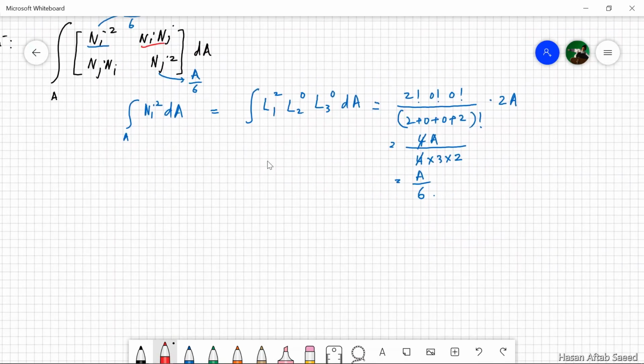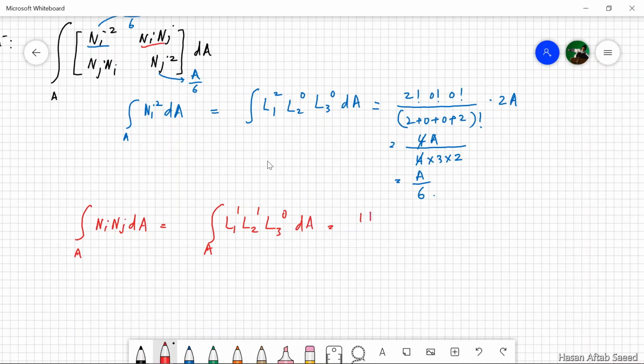So we have to evaluate Nij. We can write it like this: L1 power 1, L2 power 1, and L3 power 0. So alpha is 1, beta is 1, gamma is 0.